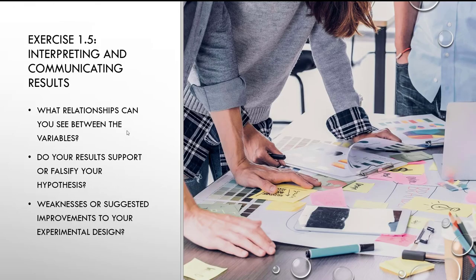And then finally, once you've graphed it, in exercise 1.5, you're going to think about what you see here. What relationships can you see between the variables based on the results? Would it support or falsify the hypothesis? And then also, once you've made your conclusions, you can think about what weaknesses you found when you were doing your experiment.